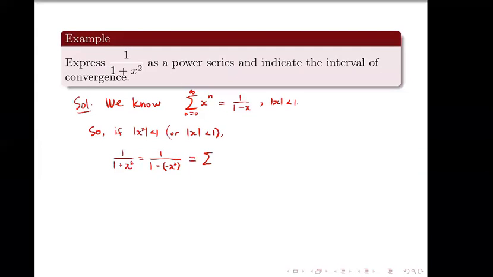This will be equal to the sum of negative x squared to the power n from 0 to plus infinity. And if we separate the powers of x from the constant, we will have negative 1 to the power n, x to the power 2n, from 0 up to plus infinity.